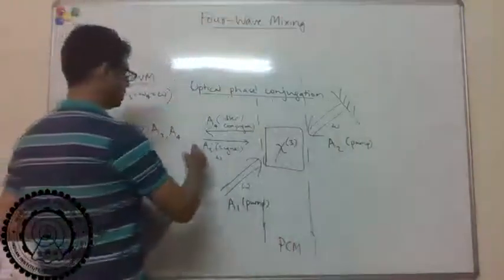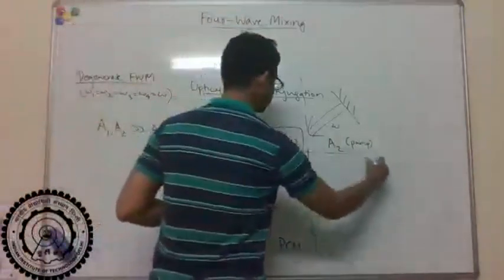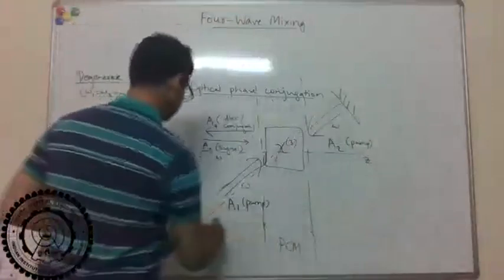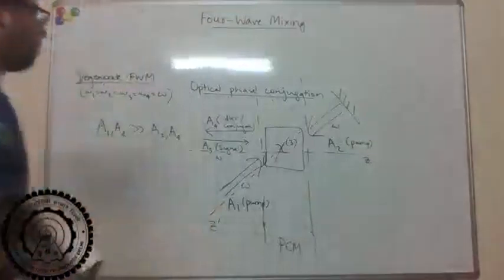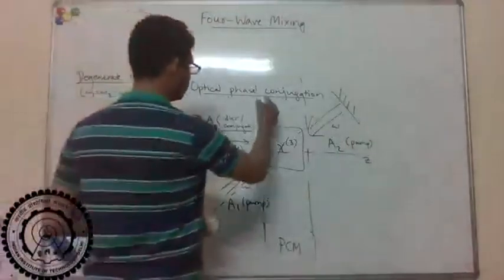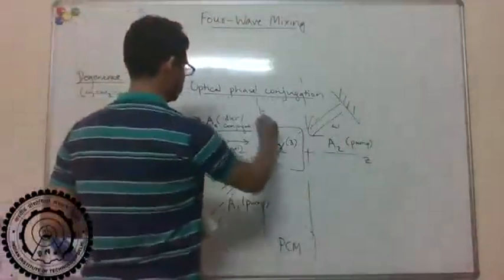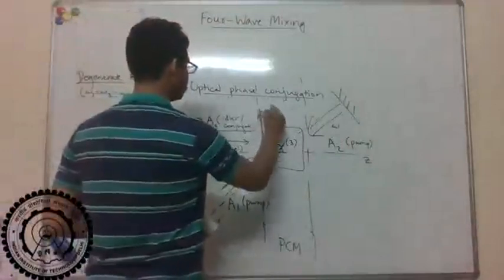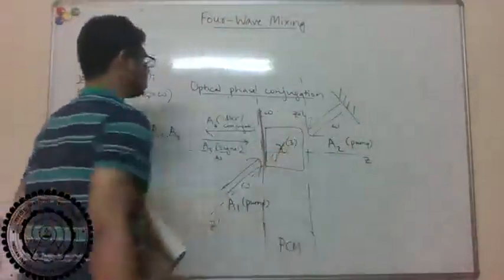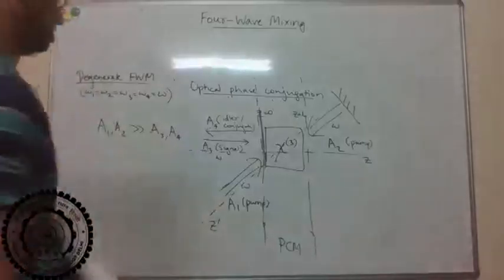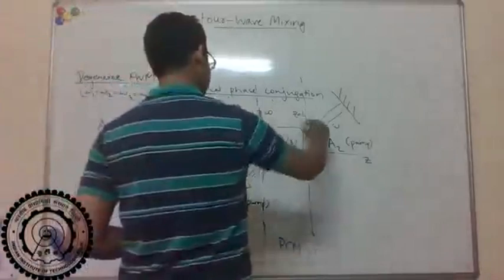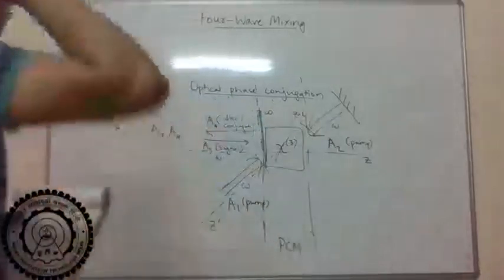Let's call the horizontal one Z, and the diagonal one some Z prime. So the input of the material here is Z equal to 0 up to, let's say, Z equal to L. And the pumps are in some Z prime direction, which is at some angle.